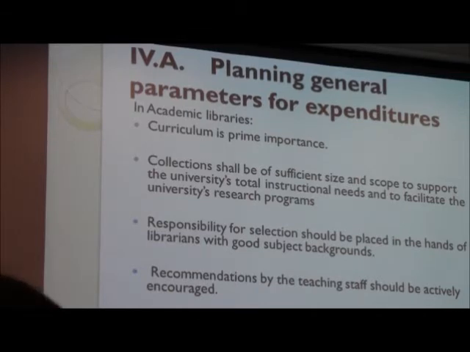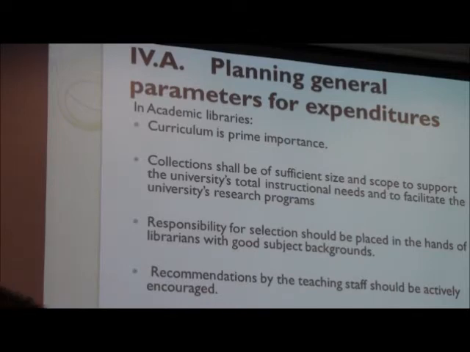In academic libraries, curriculum is of prime importance. Collections shall be of sufficient size and scope to support the university's total instructional need and facilitate the university's research programs. The responsibility for selection should be placed in the hands of librarians with good subject background. Recommendations by the teaching staff should be actively encouraged.